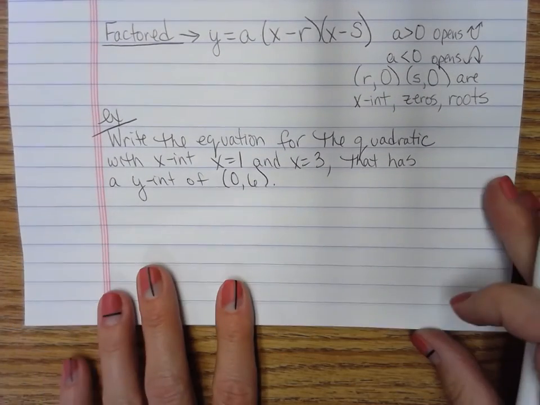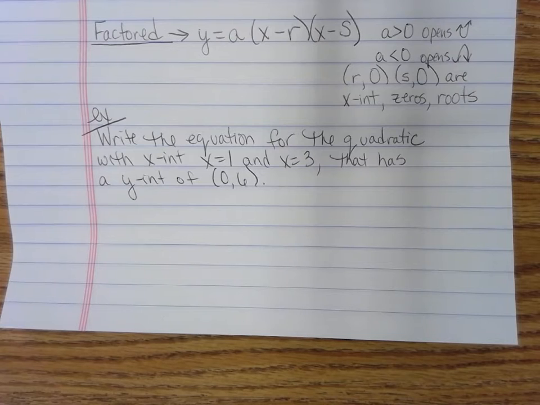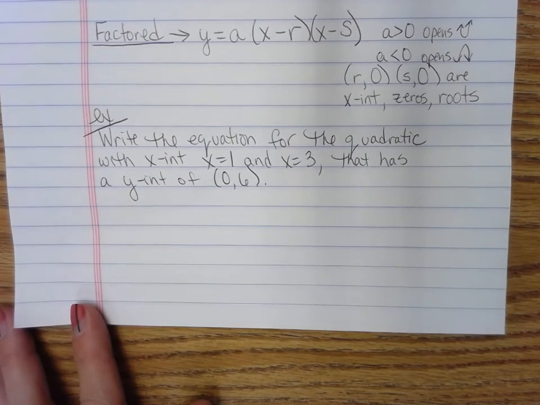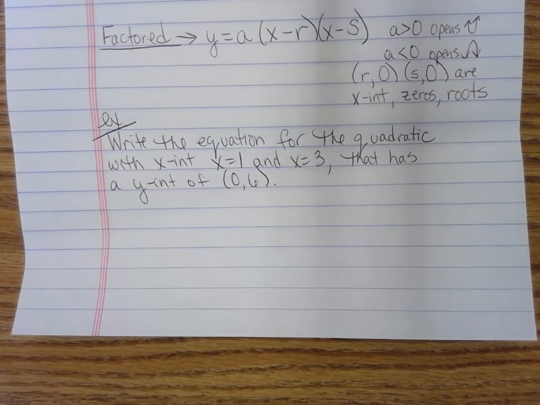Let's scoop that up, sorry. So we want to write the equation for the quadratic with x-intercepts x equals 1, x equals 3, that has a y-intercept of (0, 6).